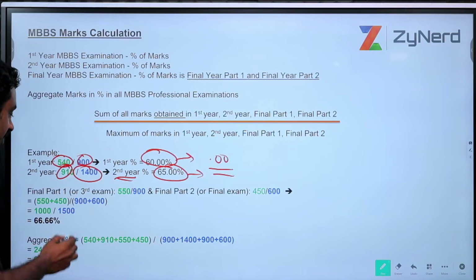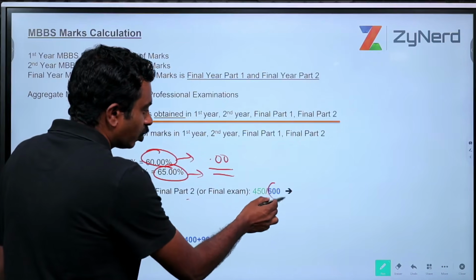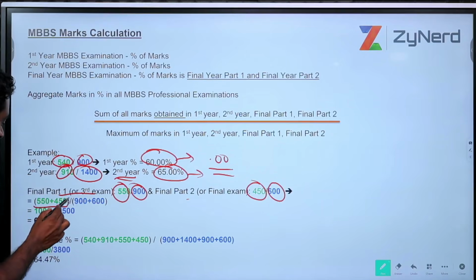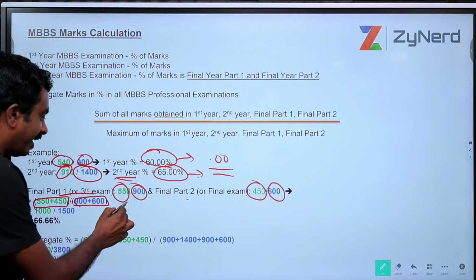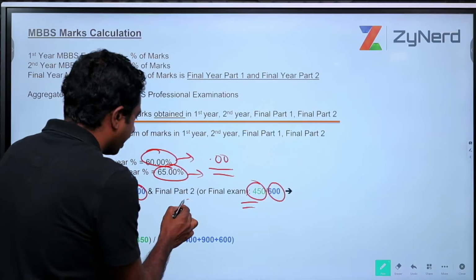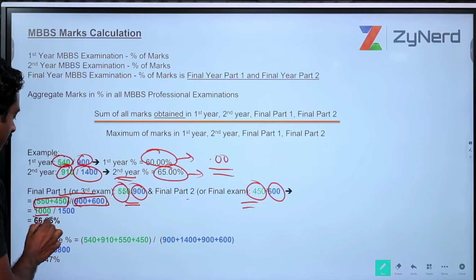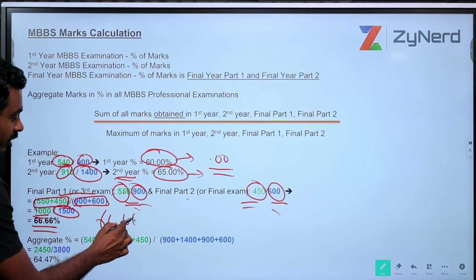And final part 1 you had scored 550 out of 900, and final part 2 the total marks were 600, you scored 450. Obviously this is 550 plus 450 by 900 plus 600. Don't take this percentage plus this percentage and average it out. Sum up 550 and 450 which will come to 1000, and then sum up 600 and 900 which will come to 1500, and you'll get 66.6666 is what you will get.